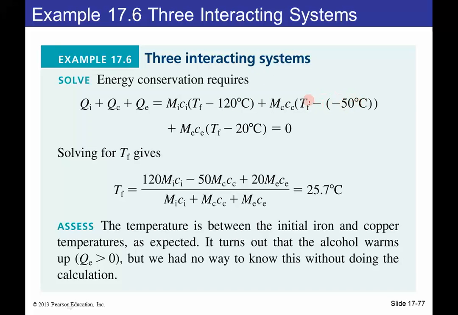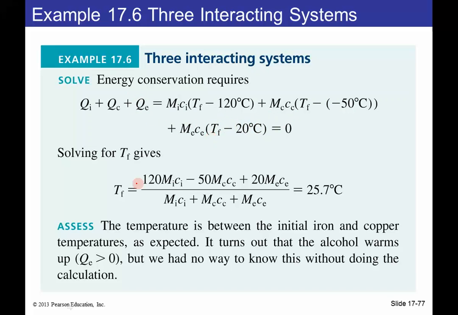This is important, okay? And here you could have kelvins or degrees Celsius, it doesn't matter, as long as you are being careful with these signs. And finally, we have the heat for the alcohol, which is the mass of the alcohol times the specific heat of the alcohol times the temperature difference, the final temperature minus the initial temperature of the alcohol.